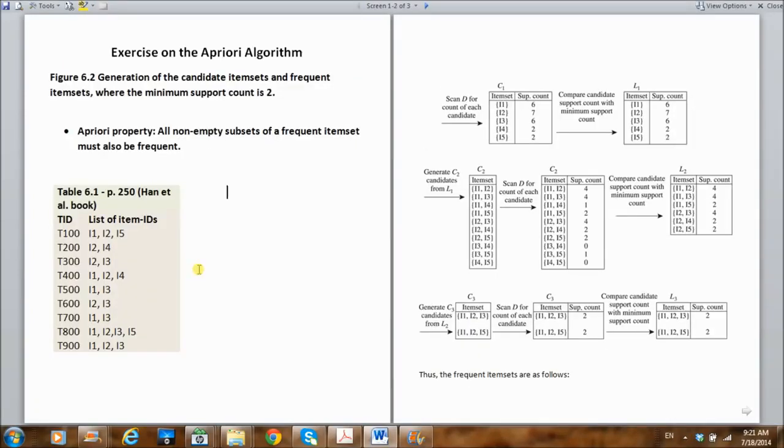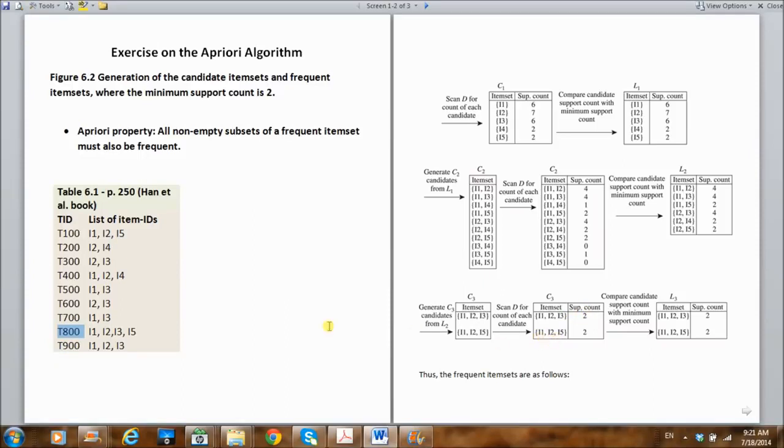Once you generate the item sets, now we need to count them. If you count {I1, I2, I3}, it appears here in T800, and we have another in T900, so it occurred twice.